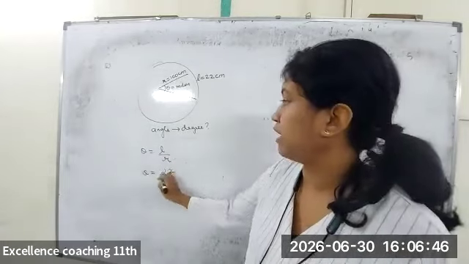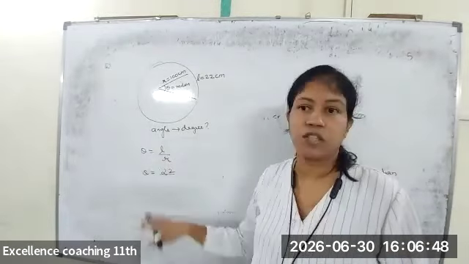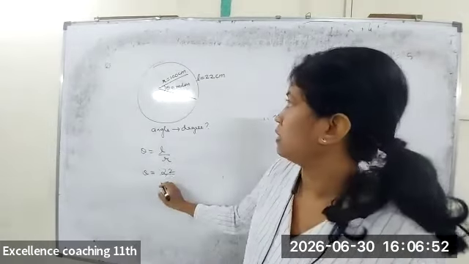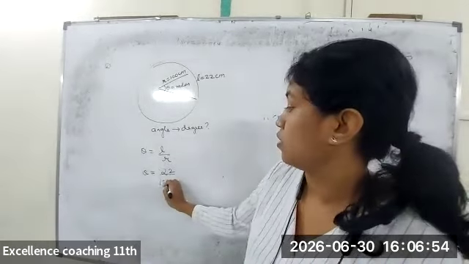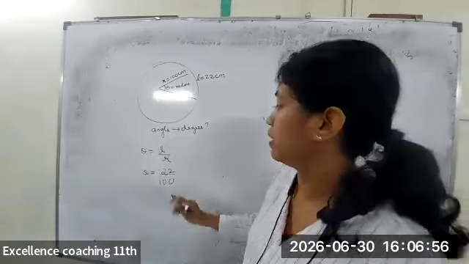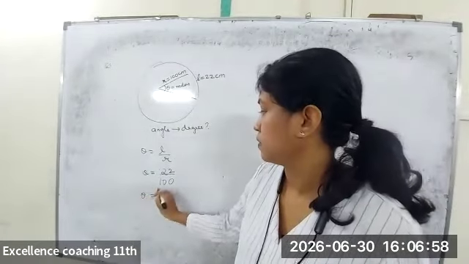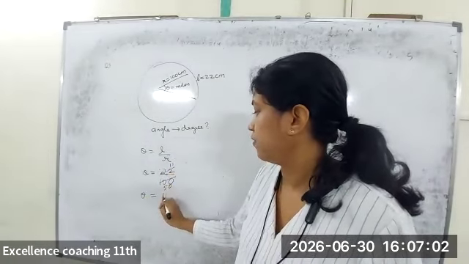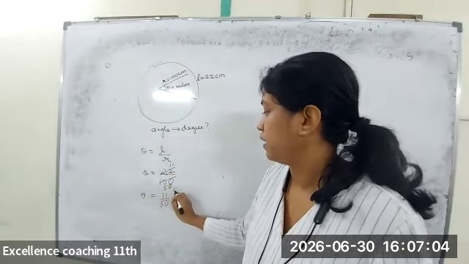In exams, if they have not mentioned degrees, you can directly write radians. But in this particular question, they have asked specifically in terms of degrees. So you are getting 11 upon 50 radians.